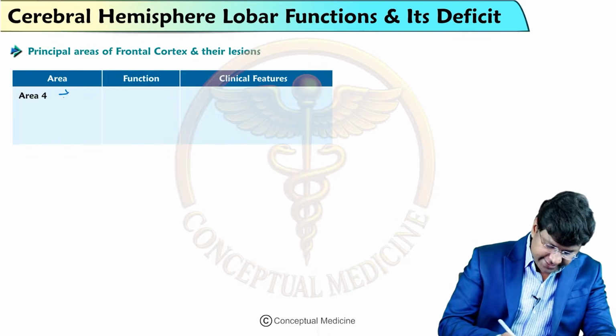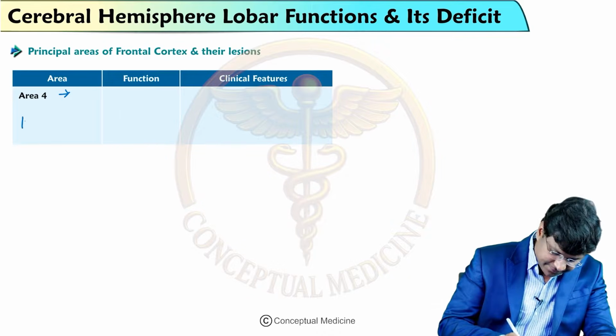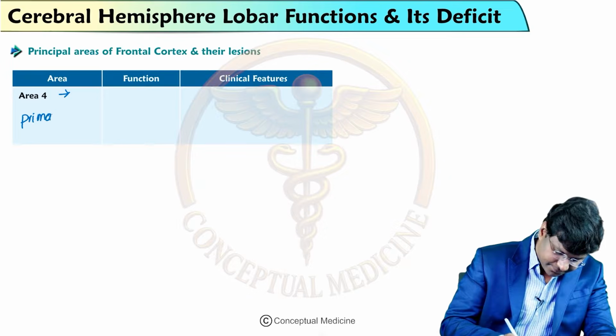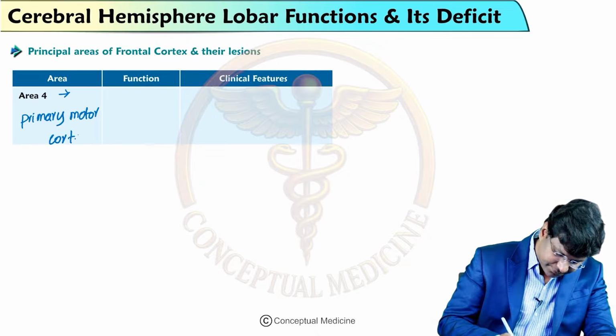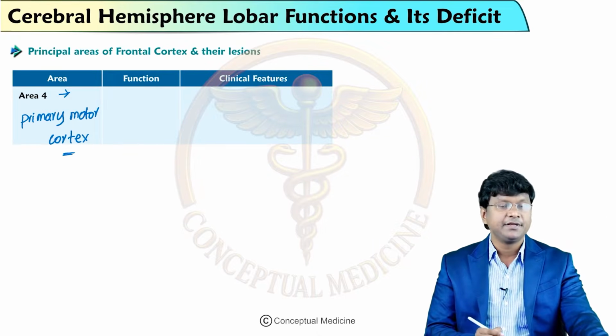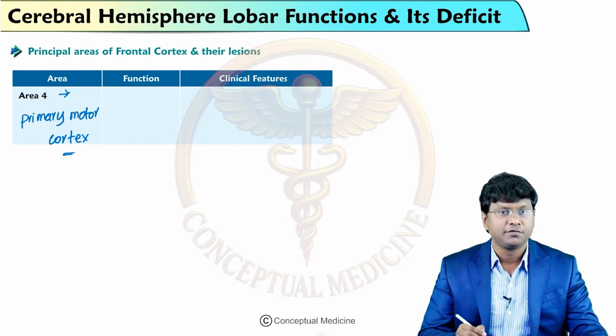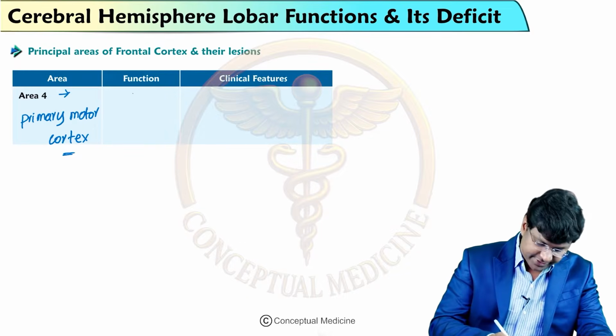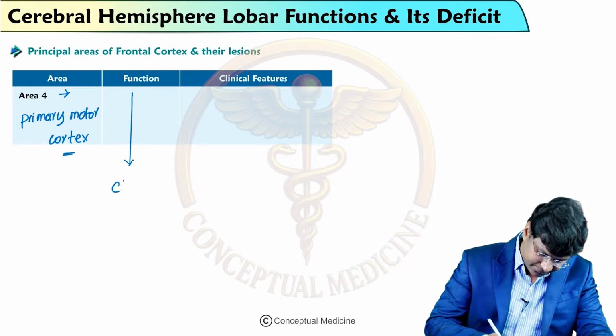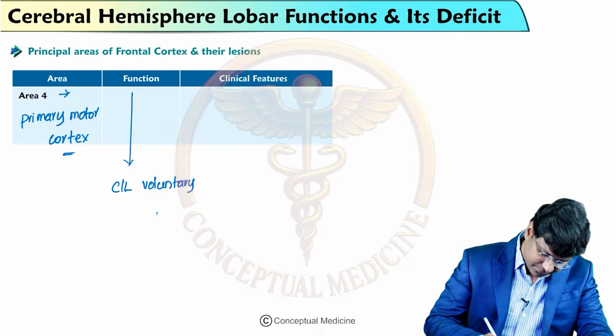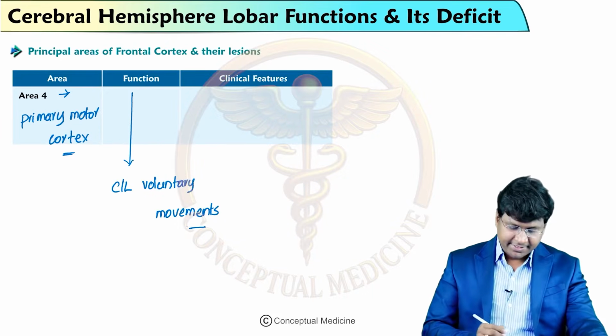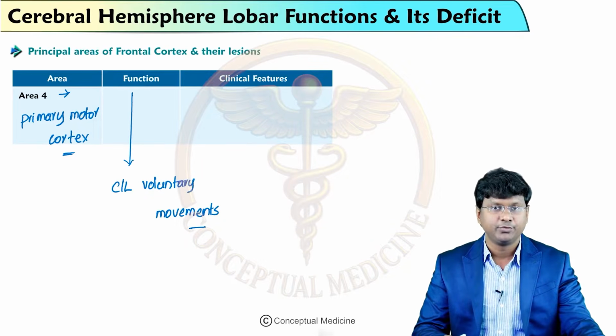Area number 4 is the primary motor cortex, and the function of area number 4 is that it is responsible for contralateral voluntary movements.